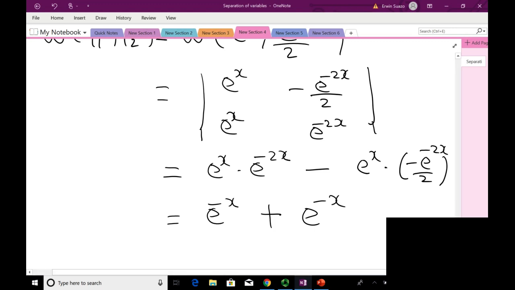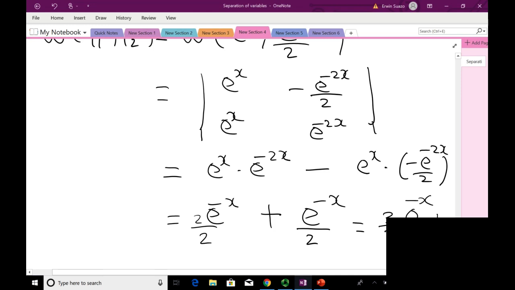E to the negative x. Divided by 2. So what is e to the minus x plus e to the minus x divided by 2? That's 3/2 e to the negative x. Is that 0? No. So they are linearly independent.